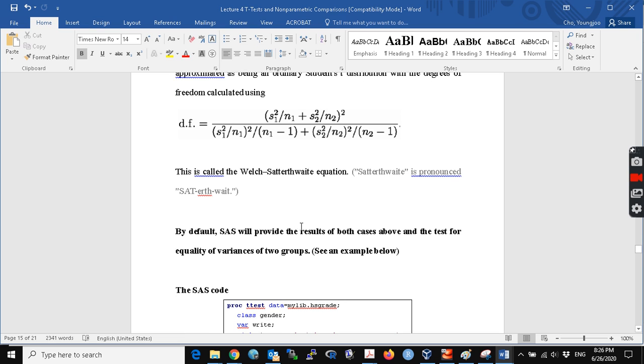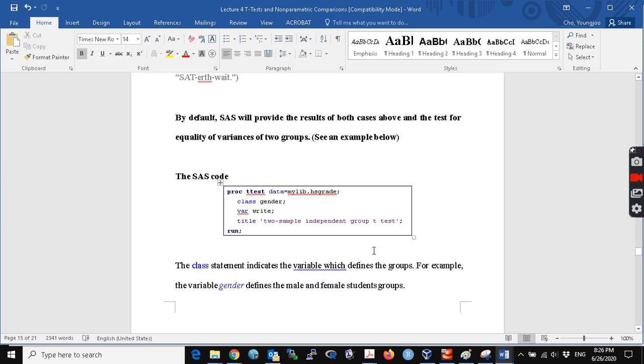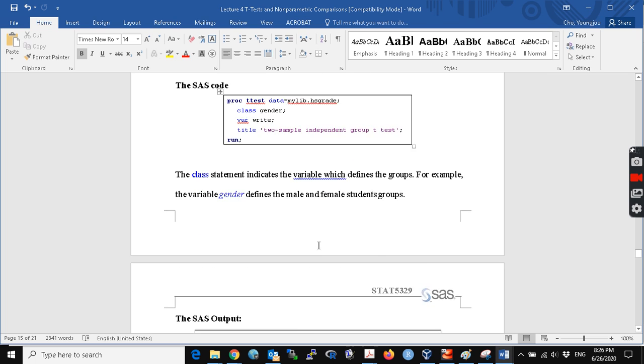By default, SAS will provide the results of both cases above, and the test for equal variance of the two groups. So let's look at the independent group t-test. You put a class statement on gender, and the variable writing score, which means that we do a two-sample independent t-test for writing score across the different genders.